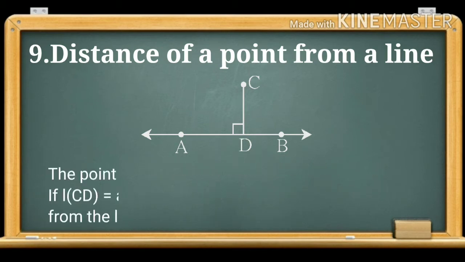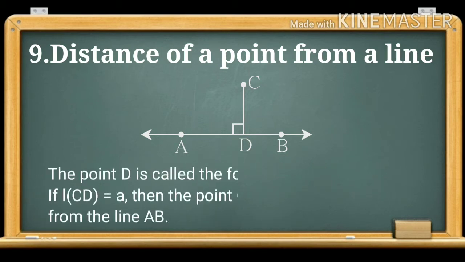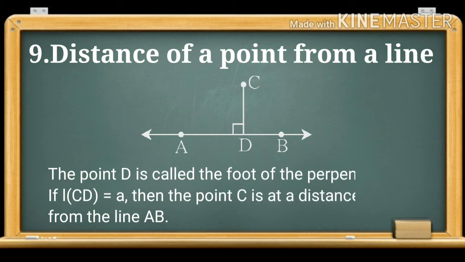The point D is called the foot of the perpendicular. Remember that the point D is called the foot of the perpendicular. Note that if length of CD equal to a, then the point C is at a distance of a from the line AB.